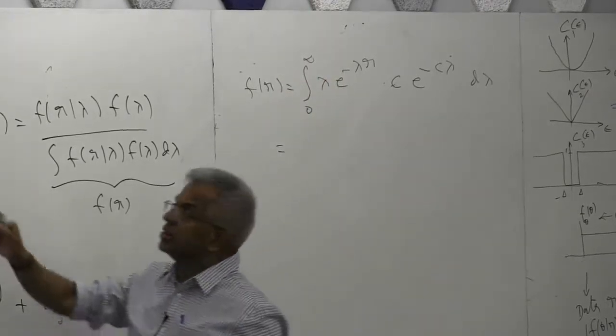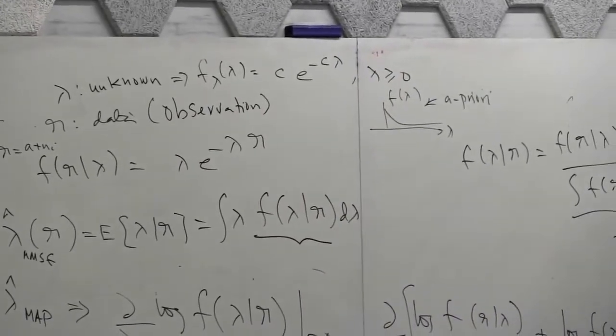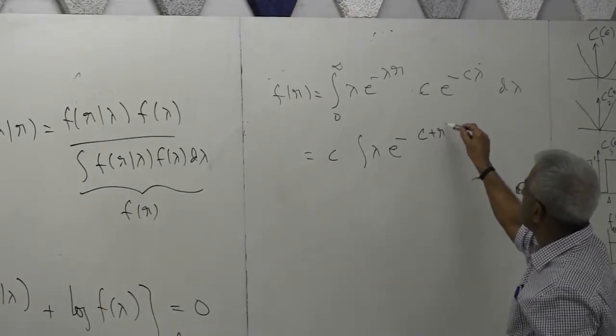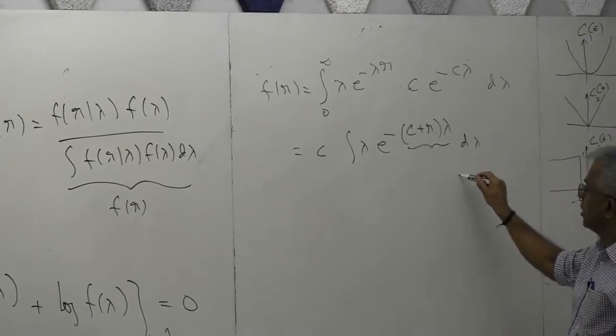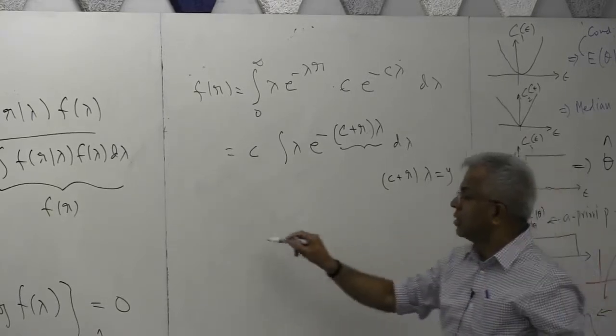Why is that? Look here, lambda is exponential, goes from 0 to infinity, right? So c goes outside, you have here lambda e raised to minus c plus r multiplied by lambda d lambda. Let me call c plus r multiplied by lambda to be y.